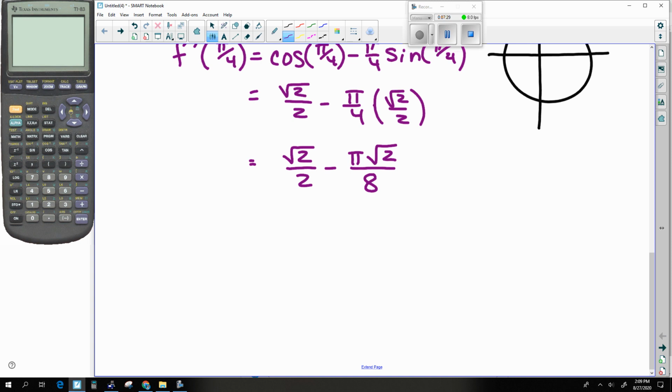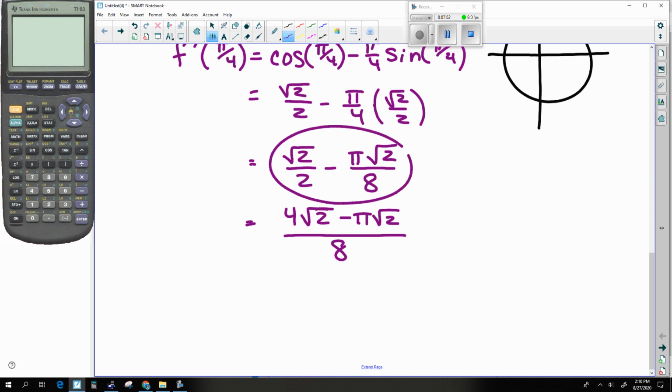I think something along that line is the correct answer. I don't think they're expecting you to put the numerator together, which would be 4 root 2 minus pi root 2 all over 8. I think this is what the answer is expected to be.